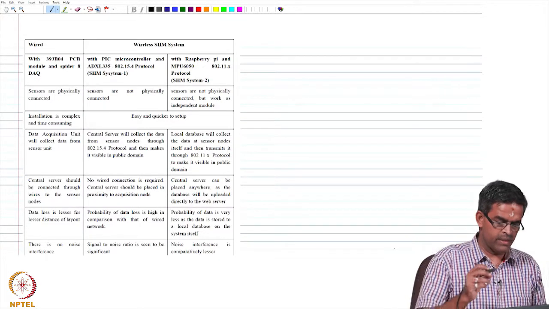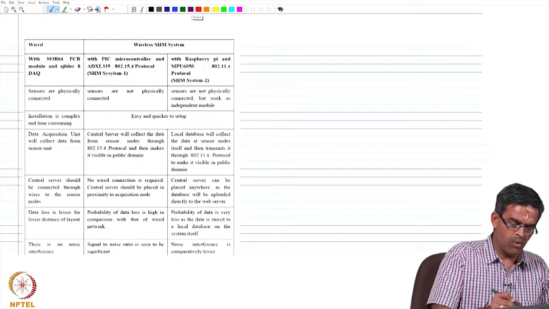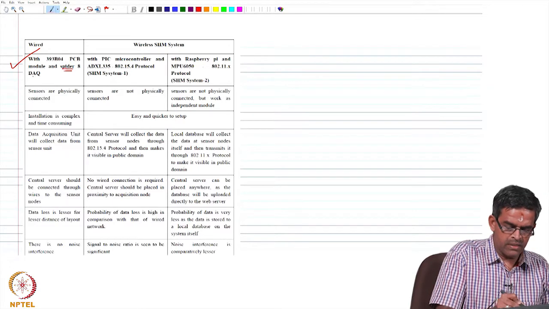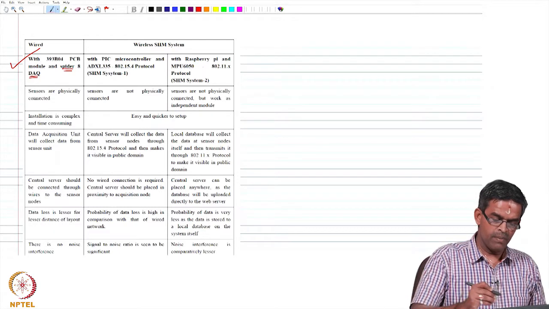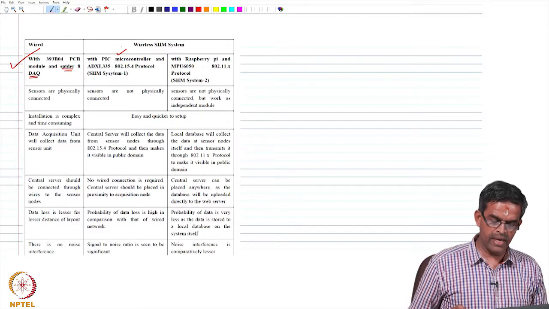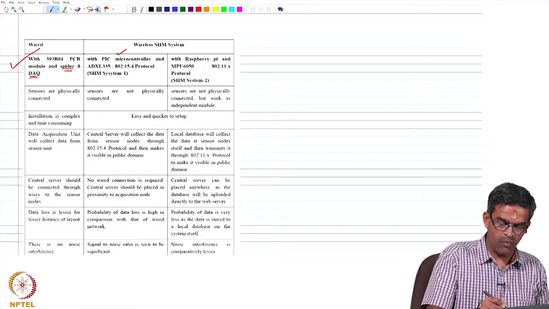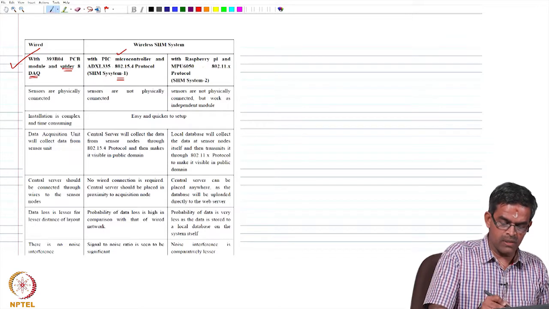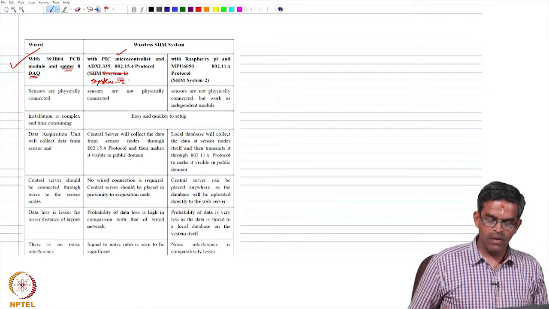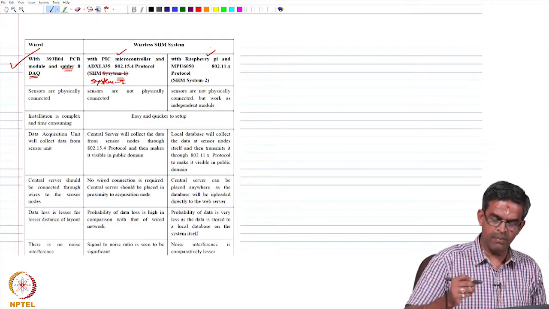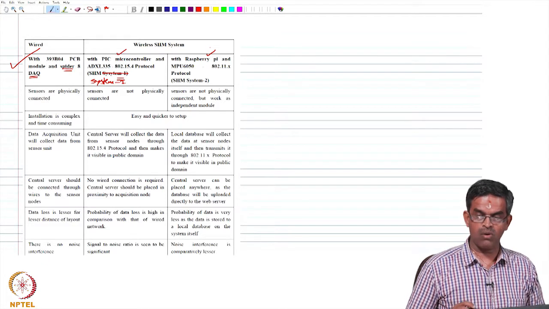Wired sensors had 393P04 PCB module and Spider 8 data acquisition system, whereas wireless system had PIC microcontroller and ADXL335 with 802.15.4 protocol for system 1. This is system 1, and system 2 had Raspberry Pi board with MPU 6050 and 802.11x protocol for system 2.